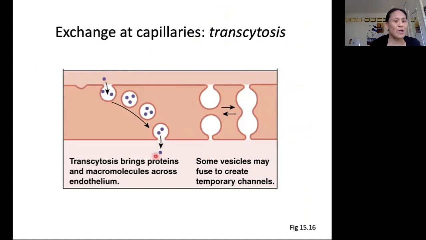So if a molecule is not small enough to just diffuse either across the cell or in that space between the cells, it can be transcytosed across the endothelial cell. The way transcytosis works is basically, here's our molecule that we want to move across the endothelial wall. It gets endocytosed at one end and then transported as a vesicle across that endothelial cell, and then it gets exocytosed at the other end.